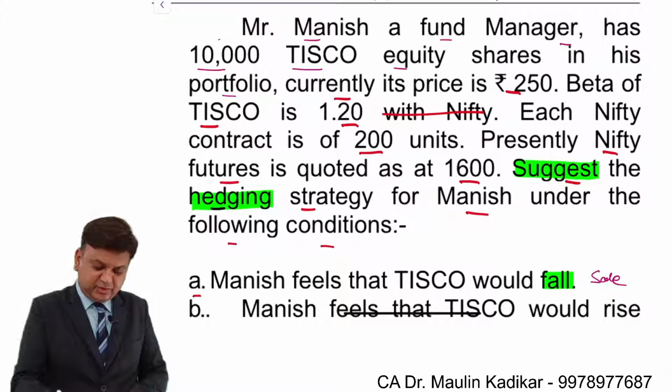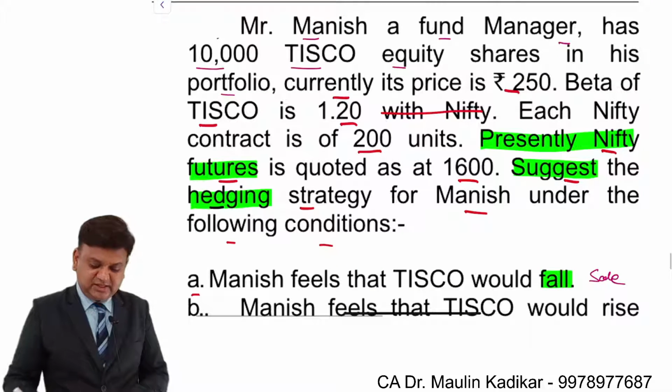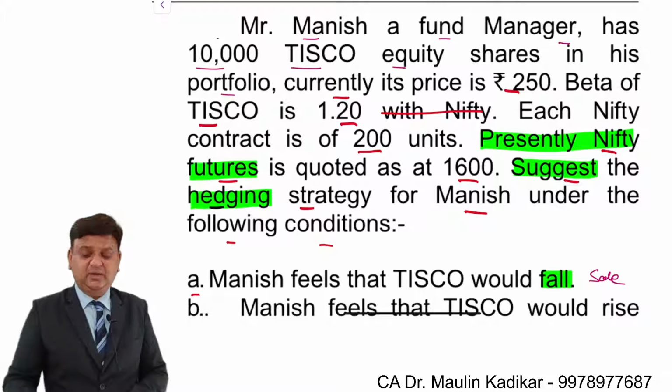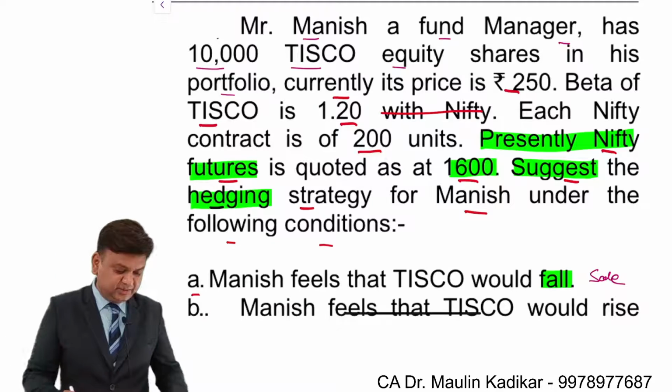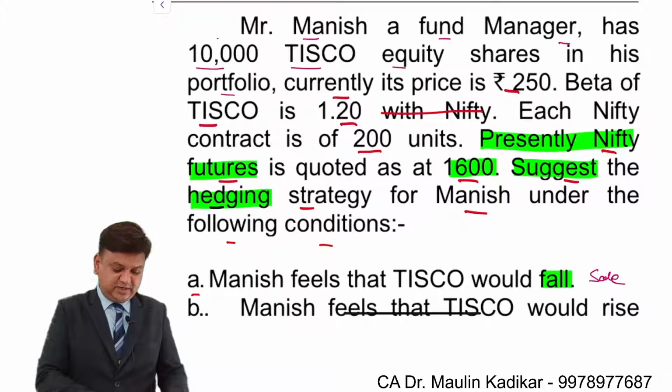The question does not provide the futures index value; the question is providing the spot index value. So we don't have a choice but to use the spot index value for calculating the number of contracts.